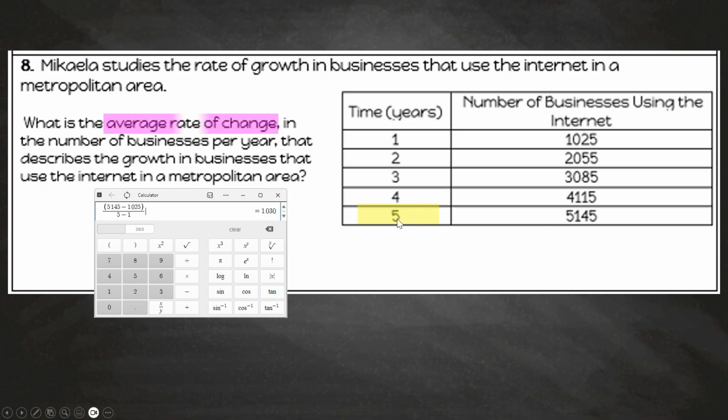So we're going to go with our highest, 5, to our lowest, 1, 5 minus 1, 5,145 minus 1,025, and find our slope, 4,120 over 4, which simplifies to 1,030. So that is the average rate of change for the number of businesses per year.